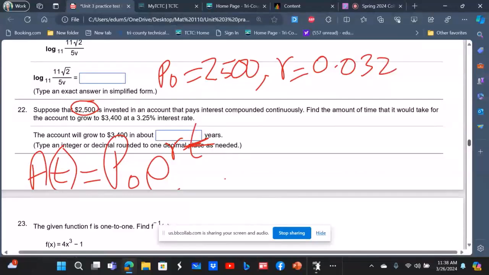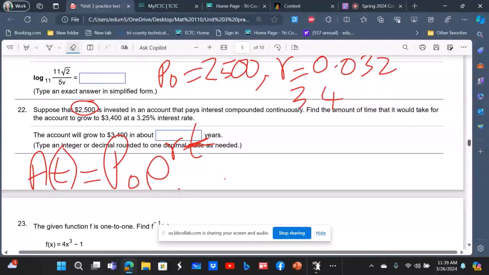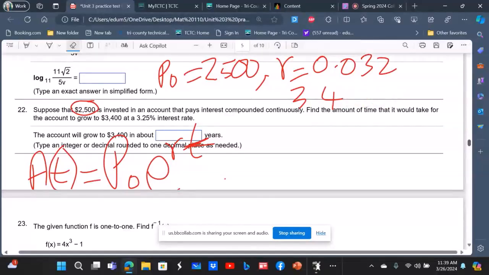Find the amount of time that it will take for the account to grow up to 3,400.